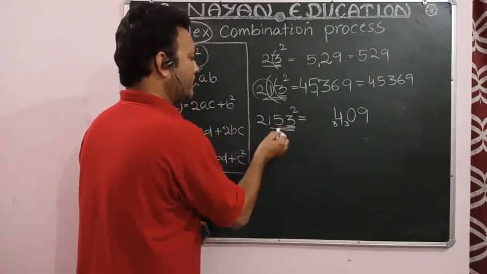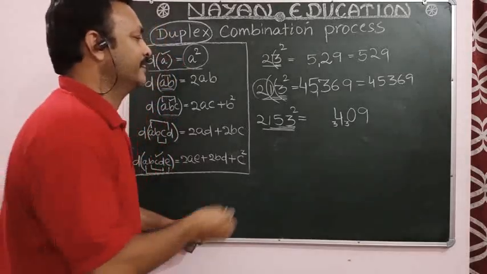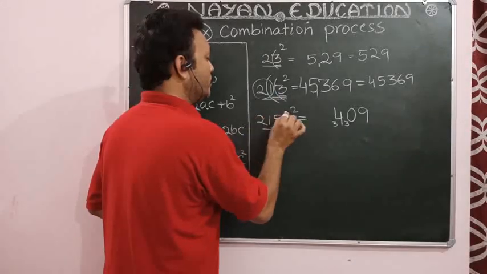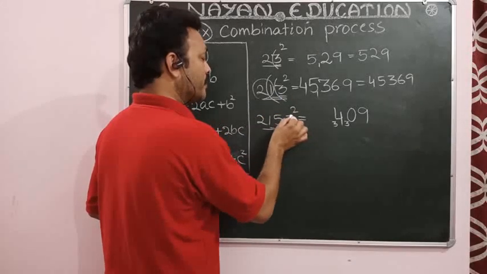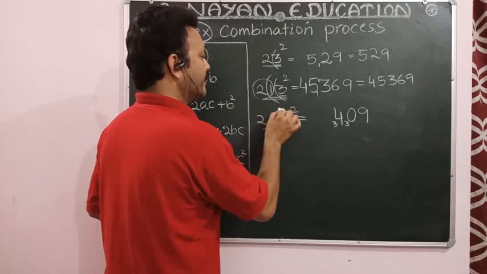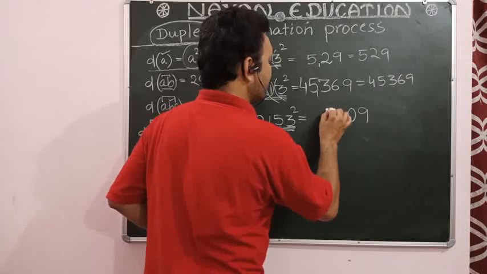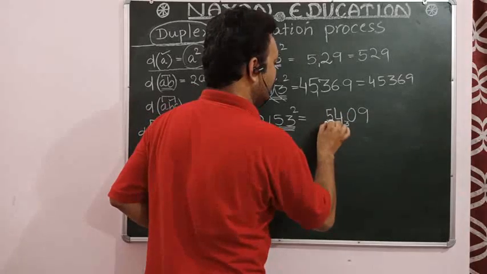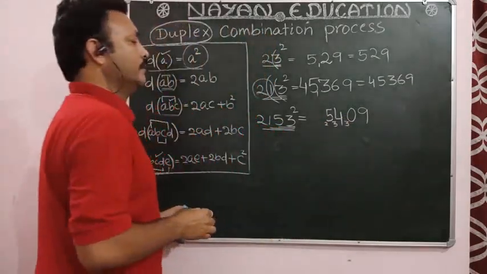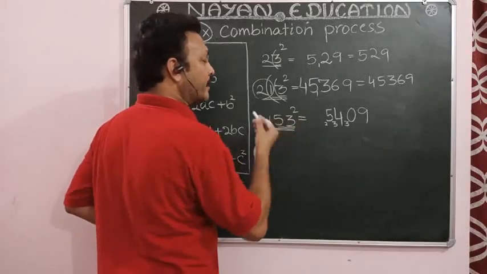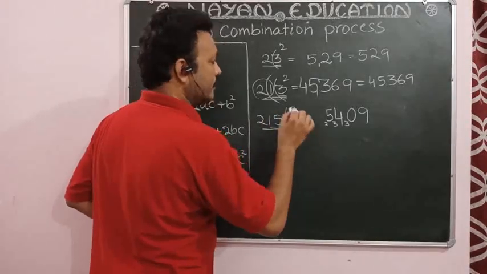What is the duplex of 2153, friends? Now see, 2 into 2 into 3, that is 12, plus 2 into 1 into 5, that is 10. 12 plus 10, 22. 22 plus 3, 25. Drop 5, 2 carry. Now leave one number from the right. Leave 3.